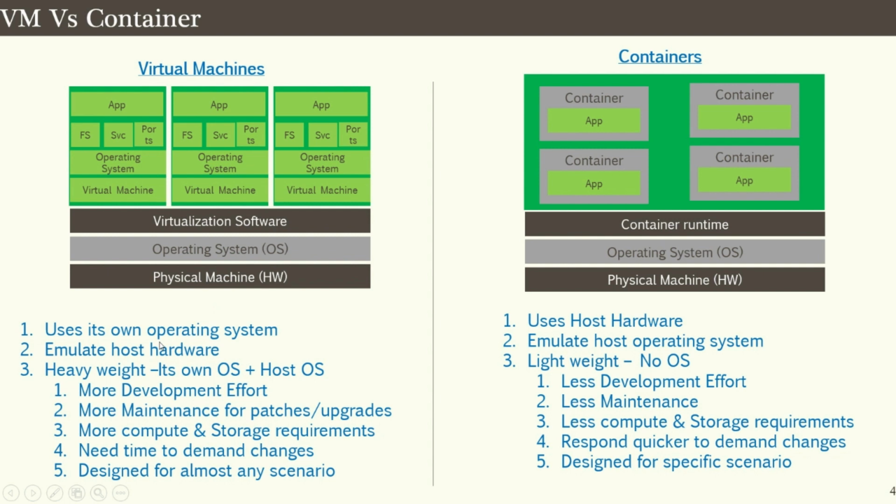The main difference is VMs have their own dedicated resources, such as CPU, memory, storage, while containers share the host operating system resources. This means that multiple containers can run on a single host, whereas a VM needs its own host.